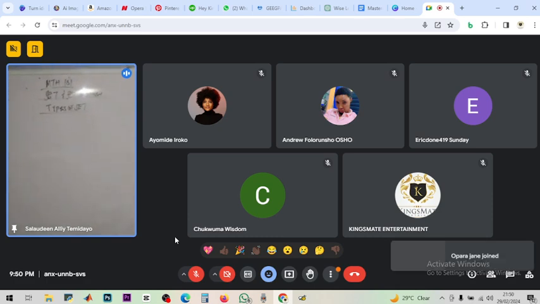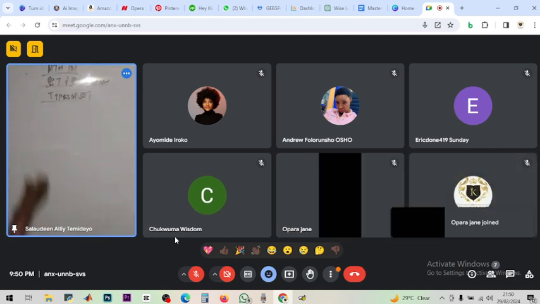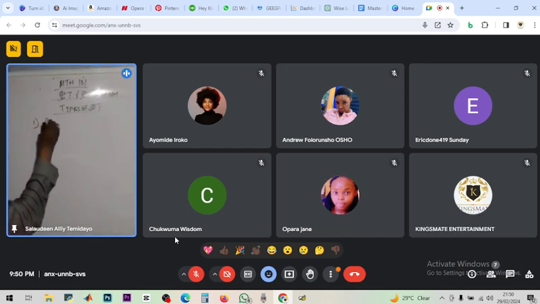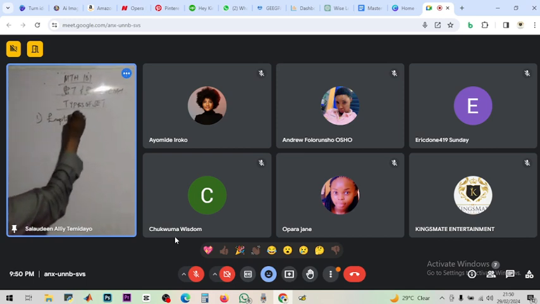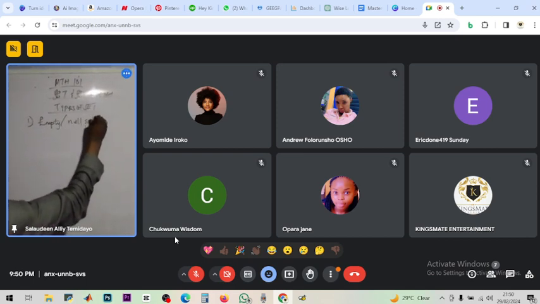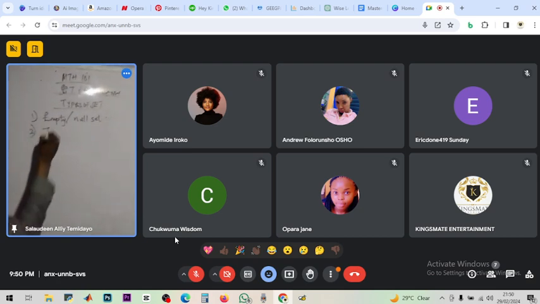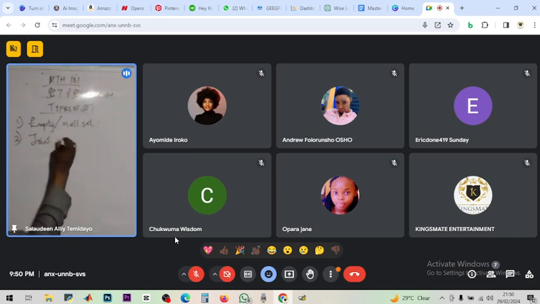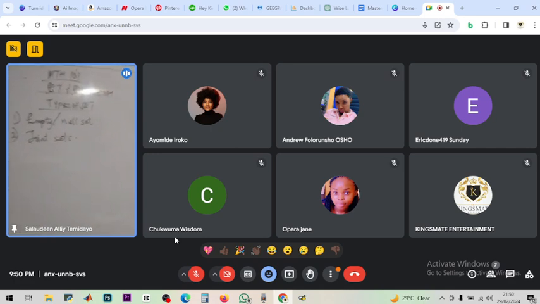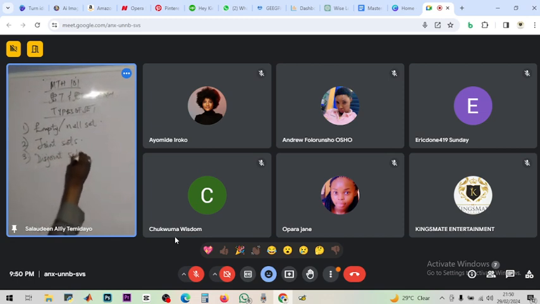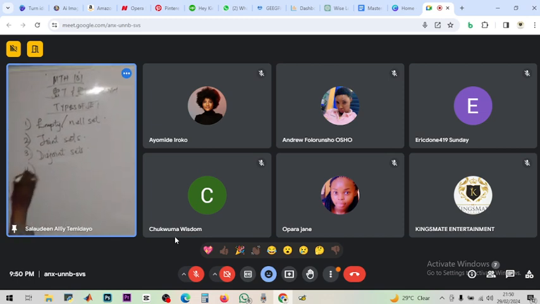So types of sets, we have empty or null set. We have joint sets. Please be noting what I'm writing. We have disjoint sets.